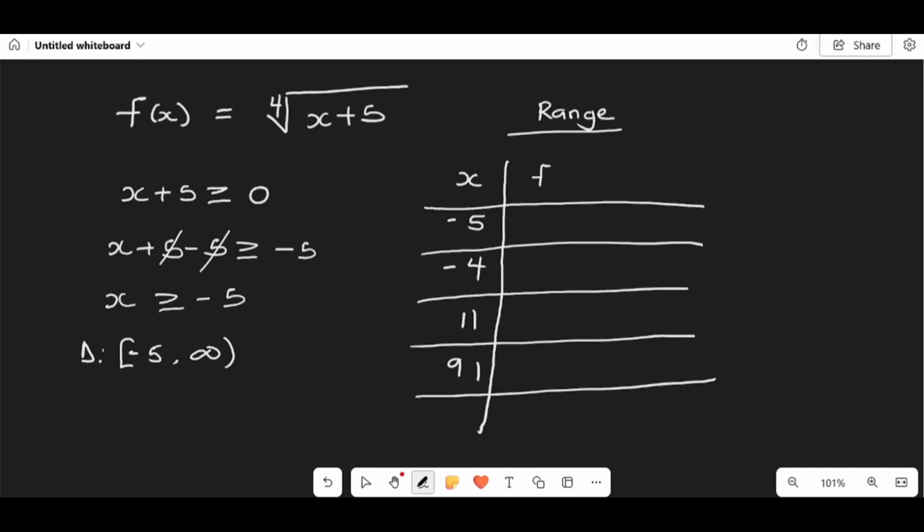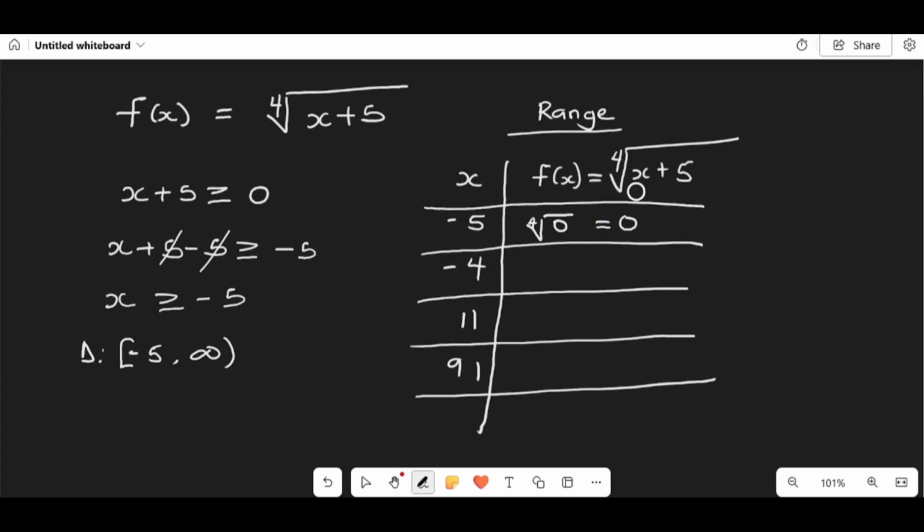Our function f(x) equals the fourth root of x plus 5. If we insert minus 5 in place of x, we get minus 5 plus 5, which gives us 0. That means the fourth root of 0 is equal to 0.